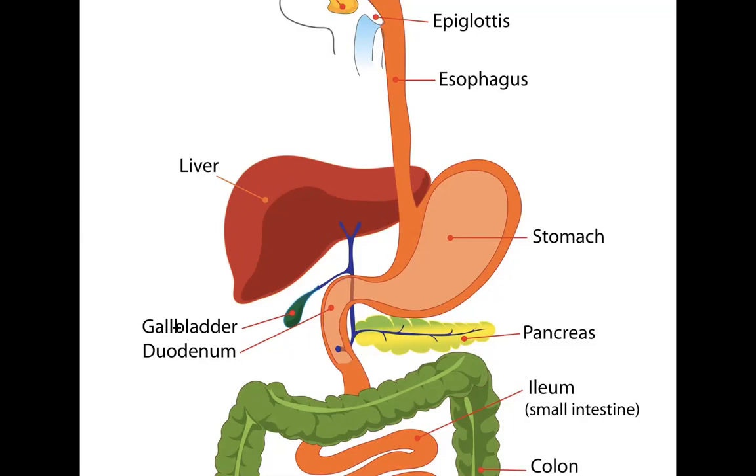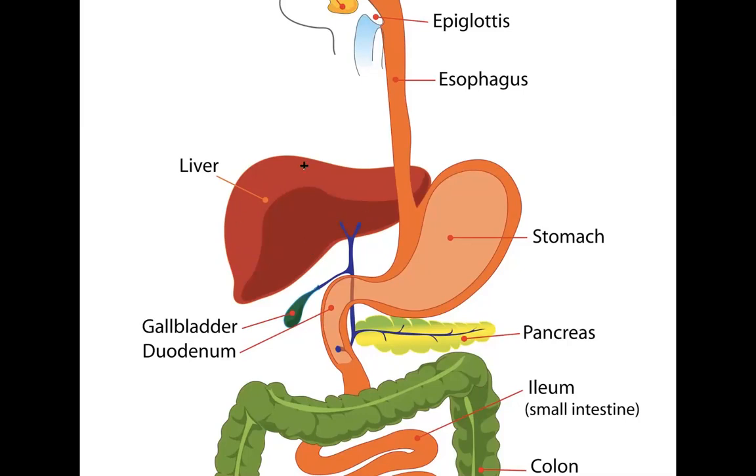The liver is connected to the gallbladder. The second organ near the duodenum is the pancreas. The pancreas is shaped like a leaf. Okay, this is the pancreas.